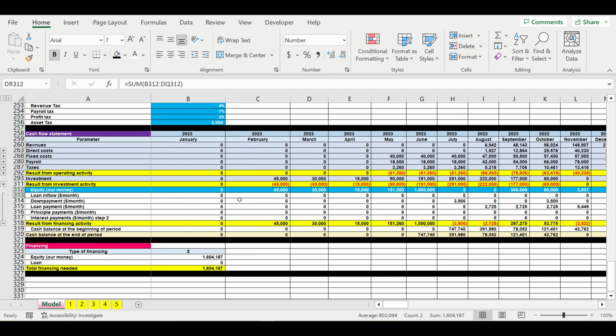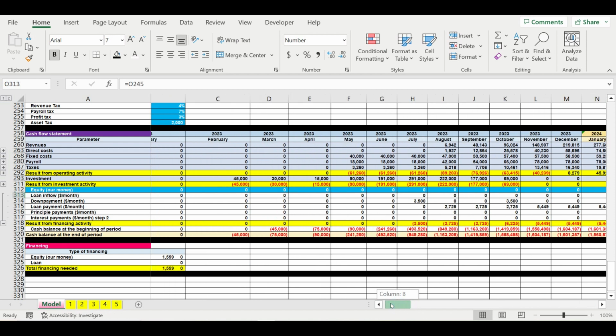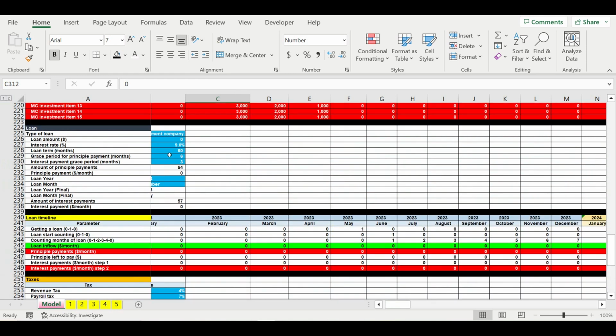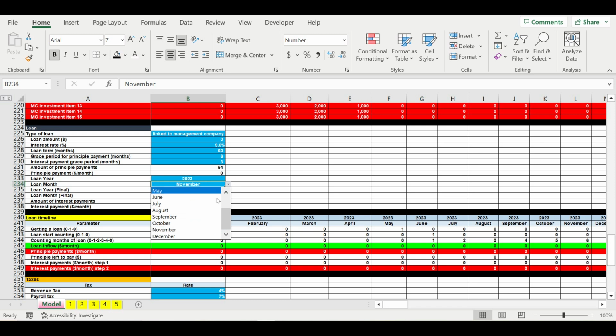Now let's look at another scenario. For example, let's put here a 0, and let's assume that we have combined story. So for example, in February 23, we're gonna get a $1 million loan.